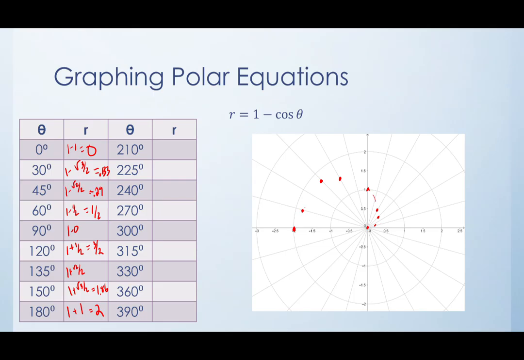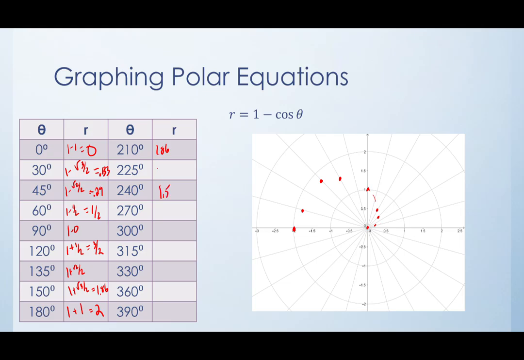Now, when we go into 210, 225, and so on, we are going to be seeing the same distance as we did in quadrant 2, right? Because cosine is negative in quadrant 3 as well as quadrant 2. So we're going to see these going in opposite order.